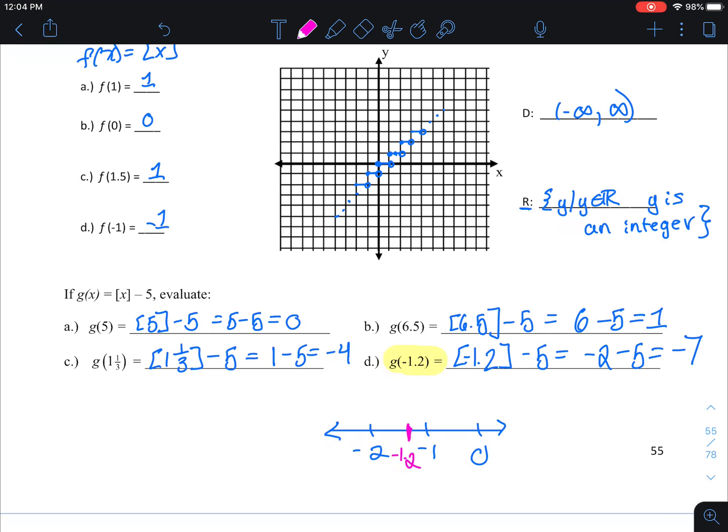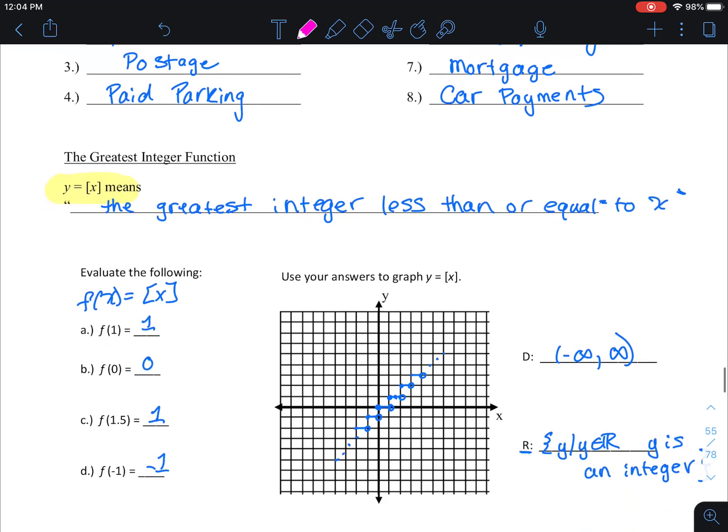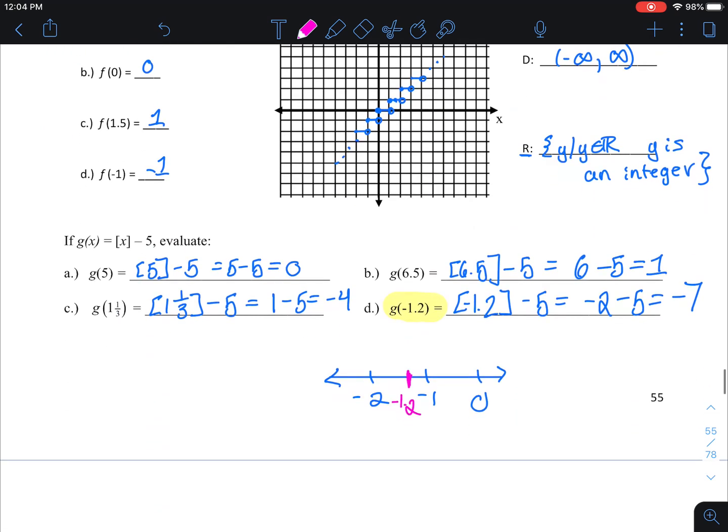So think about the definition. The greatest integer function asks you, what is the greatest integer less than or equal to x? And so you need to find the greatest integer that is less than negative 1.2. Negative 1 is actually greater than our negative 1.2, so we have to go to negative 2. I know that one might have been tricky, so that's why I wanted to make a note of it.